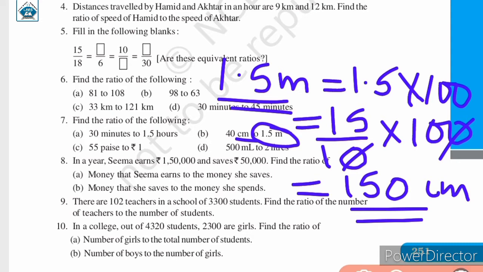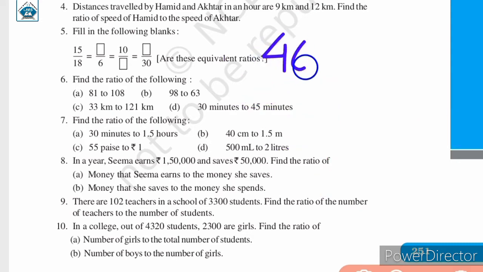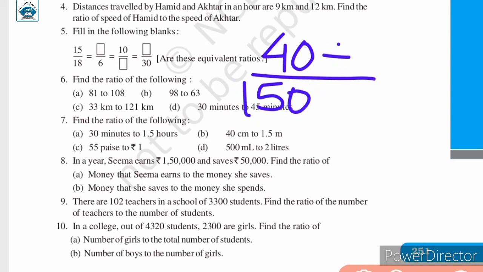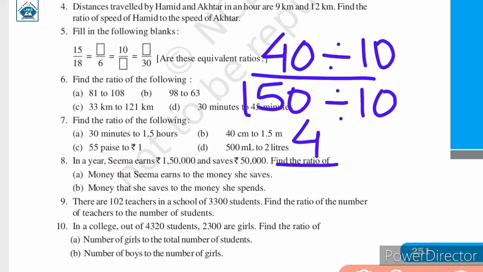So it is very simple. We will write 40 upon 150. Now we need to divide these with their highest common factor in order to find the simplest form, and then we will find the ratio. So here the highest common factor is 10. So when we divide this, we will get 4/15, which is equal to 4:15.